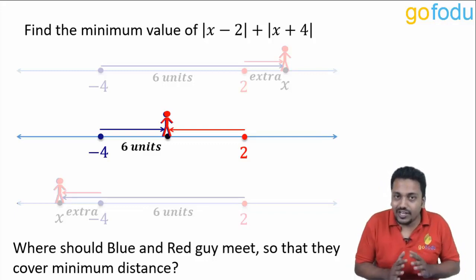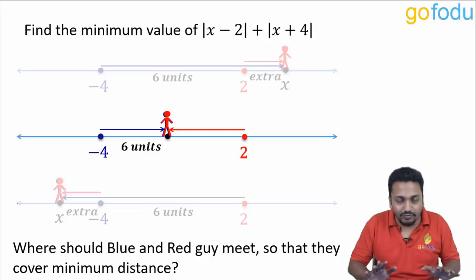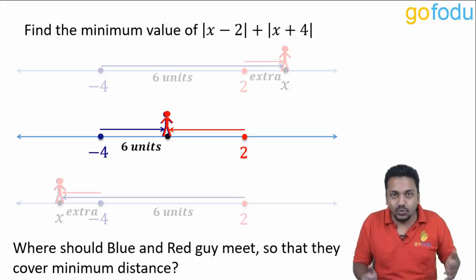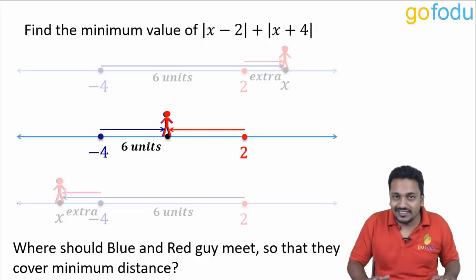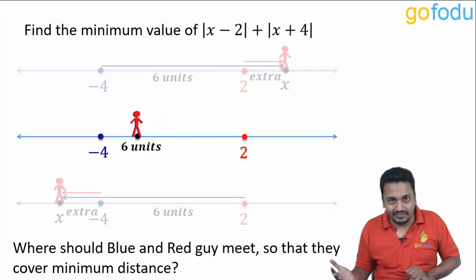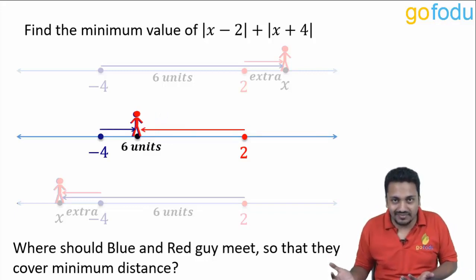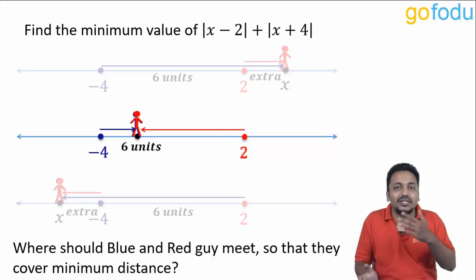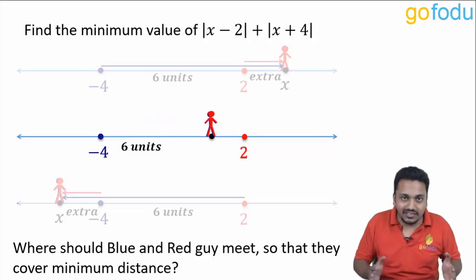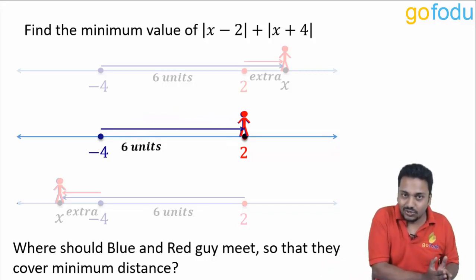Now does it matter where exactly they meet between minus 4 and 2? Does it make any difference? Let's say they meet slightly towards the left. Again, the total distance will be 6 units only. Even if they meet at 2, this means the red guy stood at his place and the blue guy covered the total distance of 6 units.